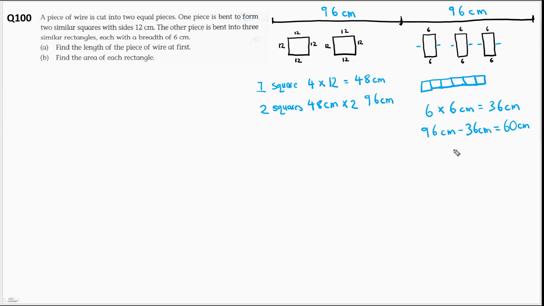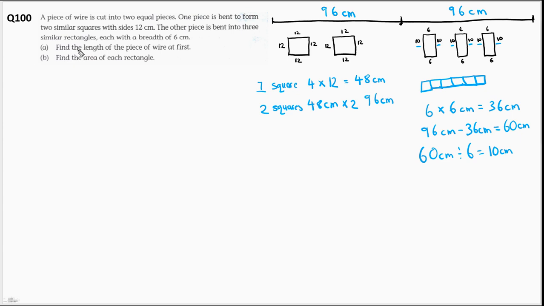So if we divide 60 centimeters by 6, we get 10 centimeters. So we now know that the missing lengths are 10. So 10, 10, 10, 10, 10, and 10. I hope you followed that. I think we've filled in all the missing values. Have we got all of the answers?